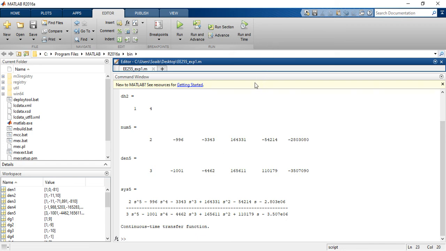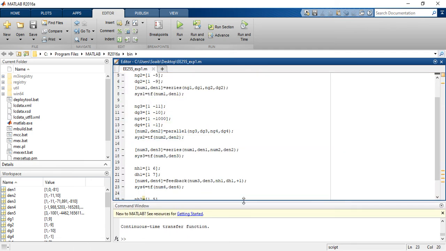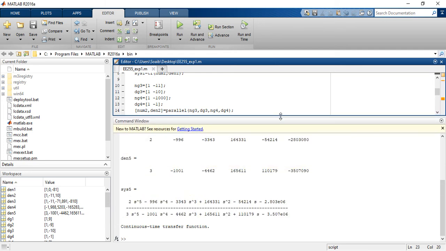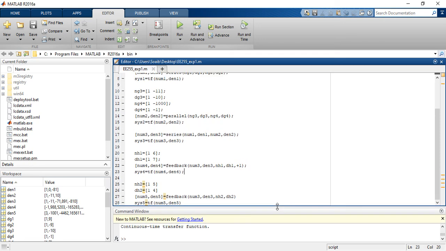Now see what the other answers are. Suppose I'm not writing the minus here, I'm deleting it. Now running again, I get the same answer. There is no change. What does that mean? The syntax for your feedback command is: you have your forward part transfer function num3, den3, and the feedback part transfer function. If you have a negative feedback control system, either you can write -1 or nothing.